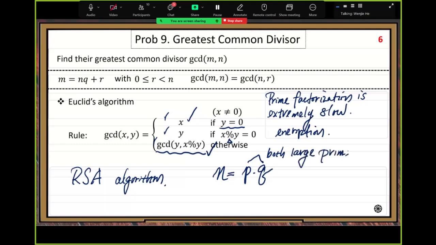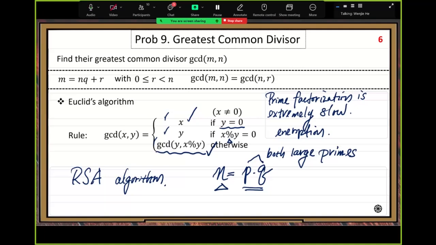You do multiplication on 1,000 digit primes, so you get a very large number n. When you make that n, you just do multiplication on 1,000 digit primes. It is still very fast, extremely fast.